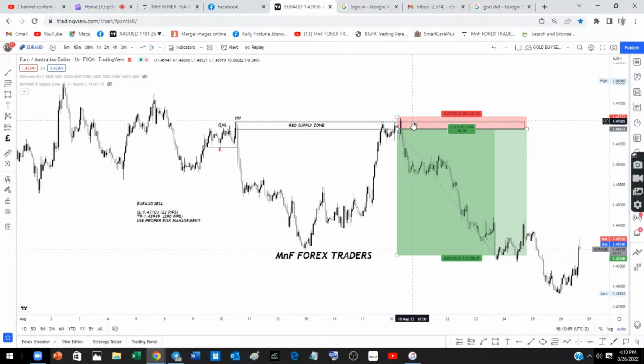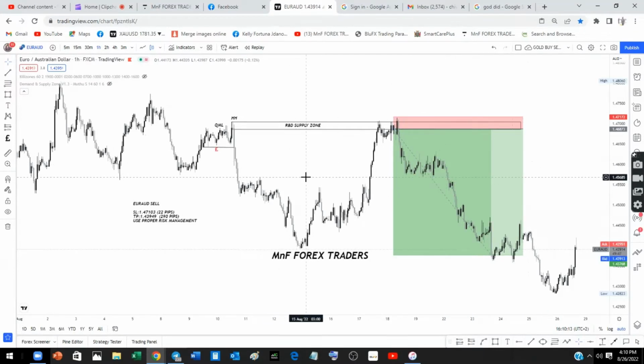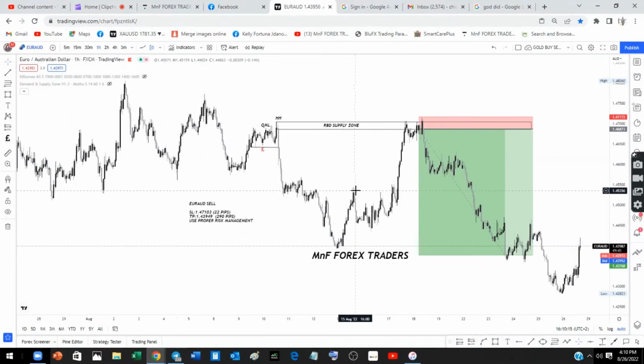That's a beautiful trade, and it's almost more than 300 pips. A beautiful trade. So you just need to be patient, wait for your setup. Literally, have a strategy. When you have a strategy, what you have to do is predefine your risk and then keep on executing. That's all you have to do.